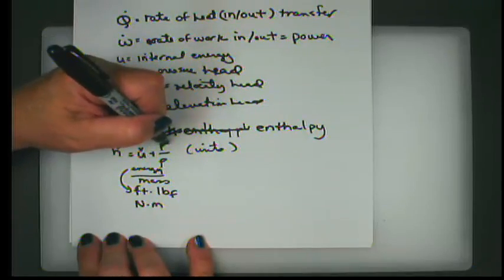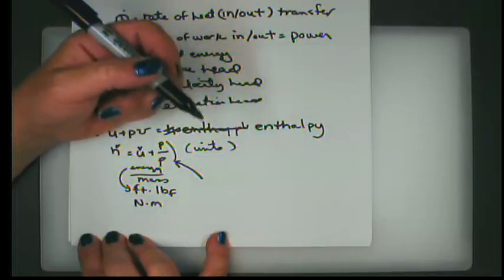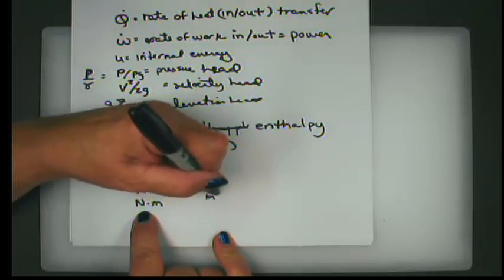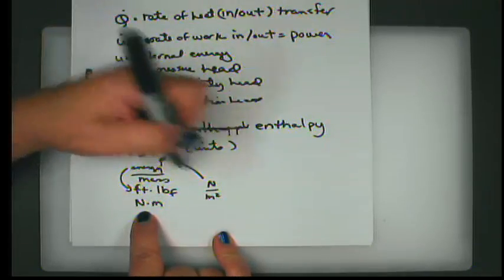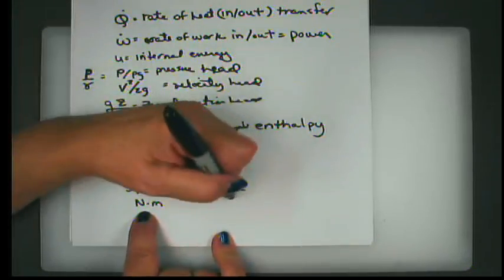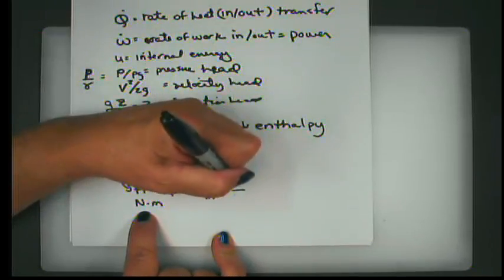So if you look at pressure over rho, pressure is in the metric system Newton per meter squared, right, Pascal, and rho is a density term, so that is going to be in mass per volume.